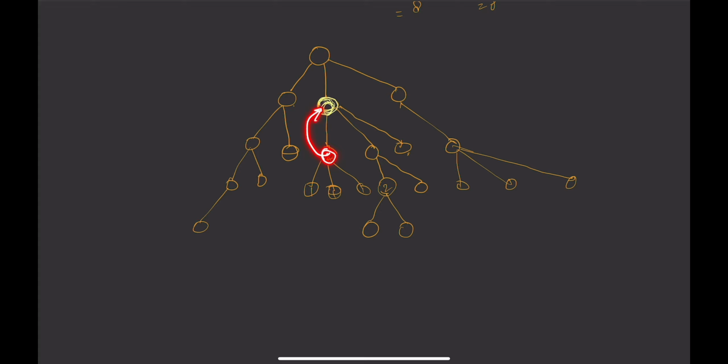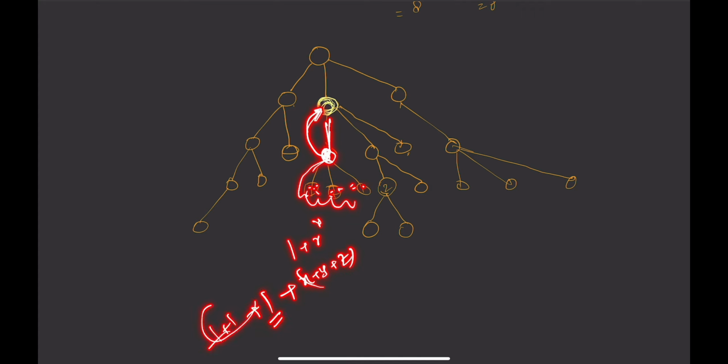So every distance will increment by 1. That means there were 4 values, they all incremented. So let's say they were x plus y plus z, they all incremented by 1. So plus 1 plus 1, how many times they incremented will be the number of nodes, right?